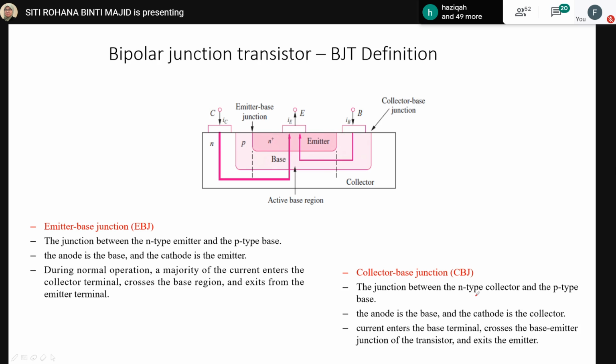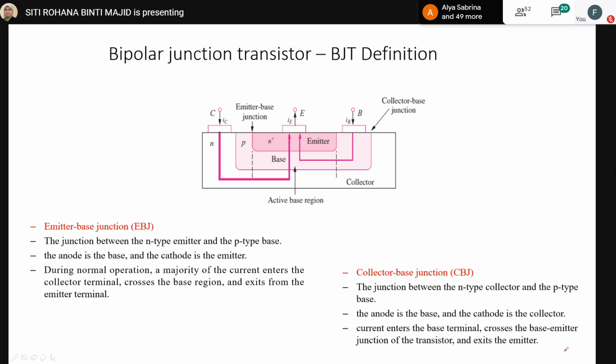The junction between N collector and P base, the anode will be base and the cathode will be collector, and the collector will receive the charge carriers which pass through from the base. So you have to identify the EBJ and CBJ configuration, and also understand what will happen once we change the polarity of the junction.